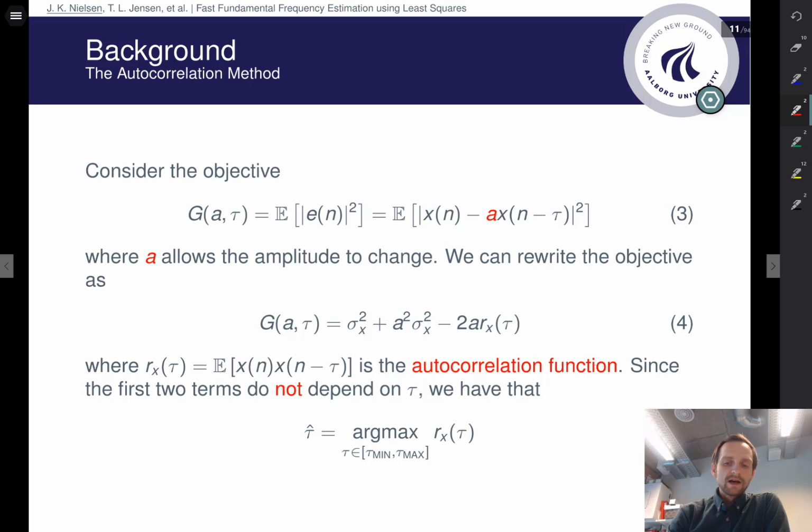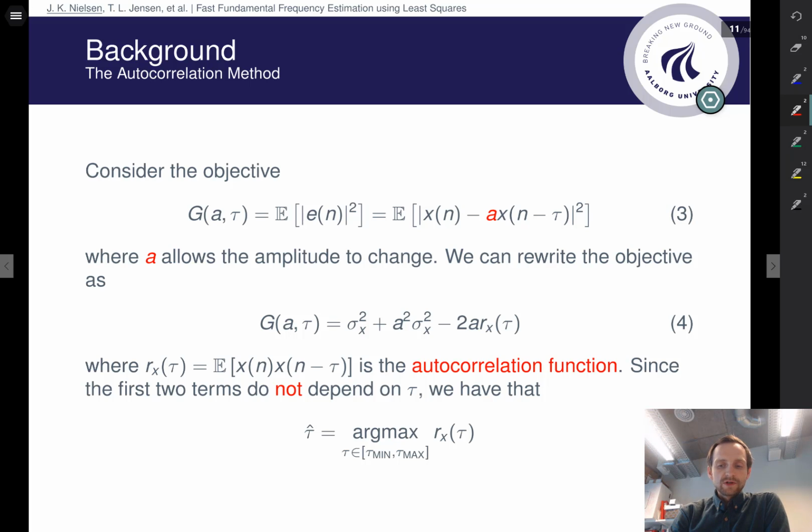I've inserted a scalar a here to account for the amplitude possibly changing over time. And then I simply take the squared error, and then the average across a lot of realizations of the signal. This is the objective that we'll work with initially.